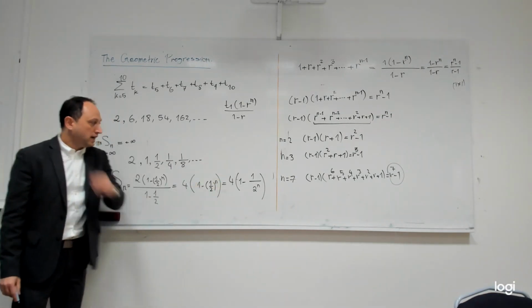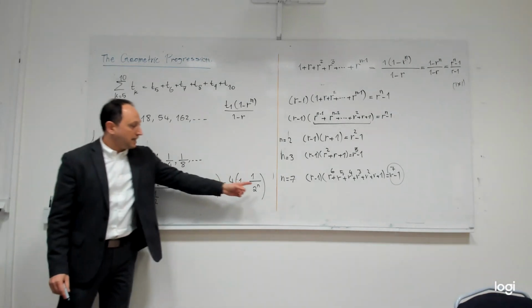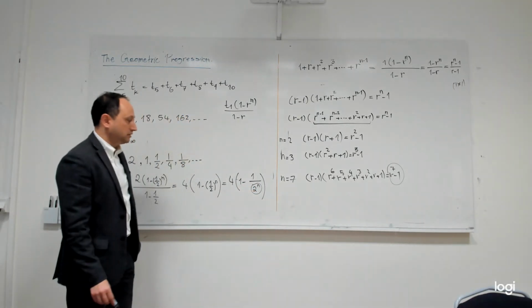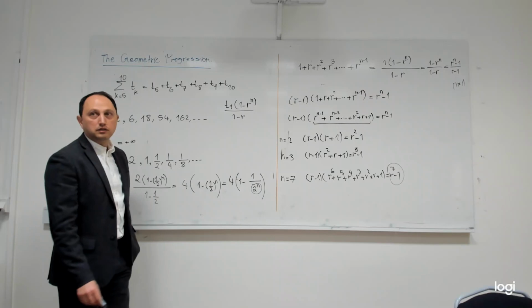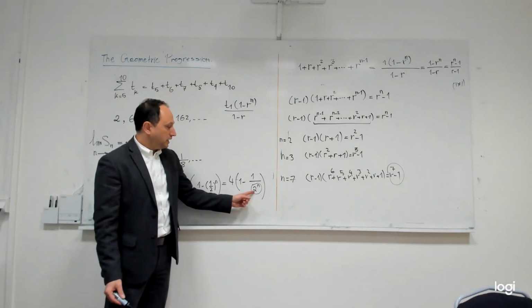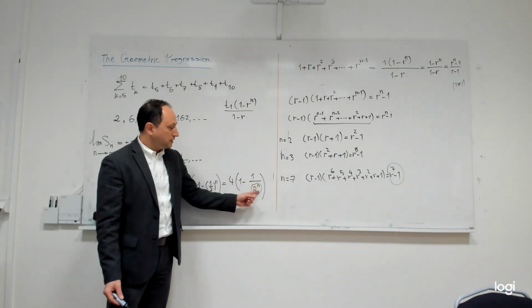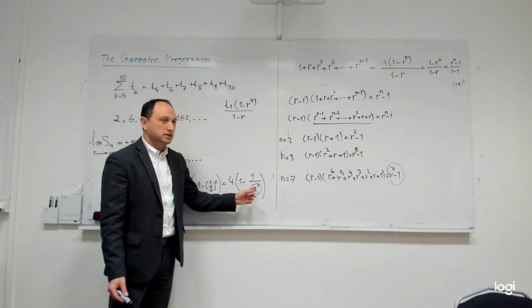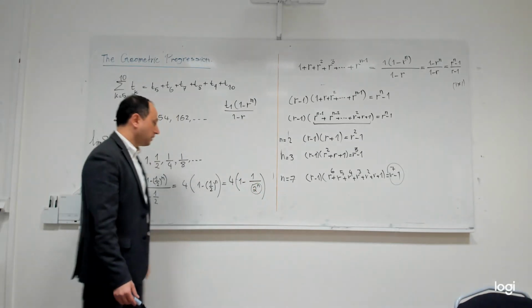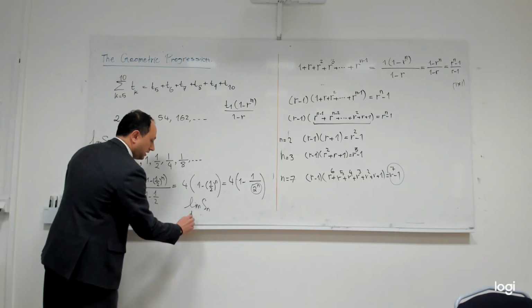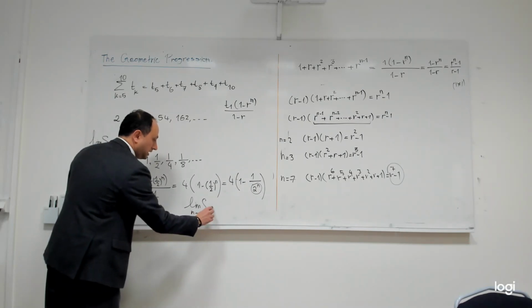Now tell me, if I increase n, what will happen to the denominator? It becomes very big. If it becomes very big, 1 divided by a very big number is negligible. And 1 minus negligible is 1, and you multiply it by 4, it becomes 4. So the limit of Sn as n goes to infinity is equal to 4.